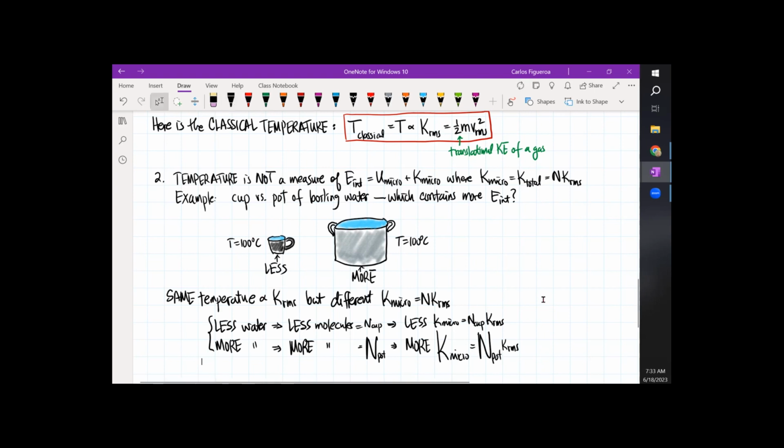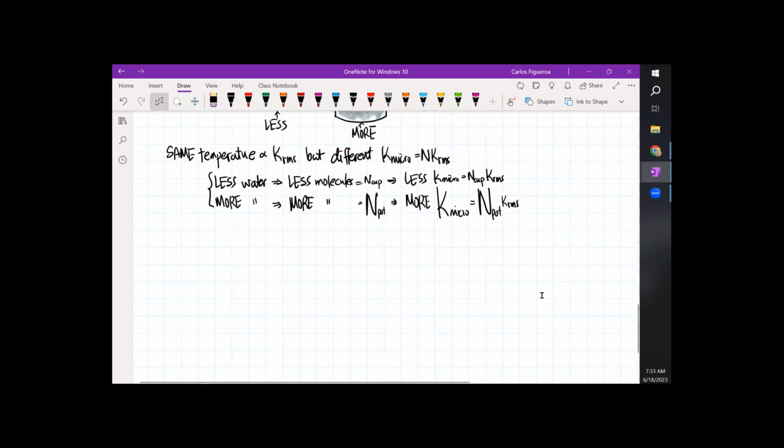So in this sense, this clearly separates temperature from internal energy. So temperature and internal energy are not the same.